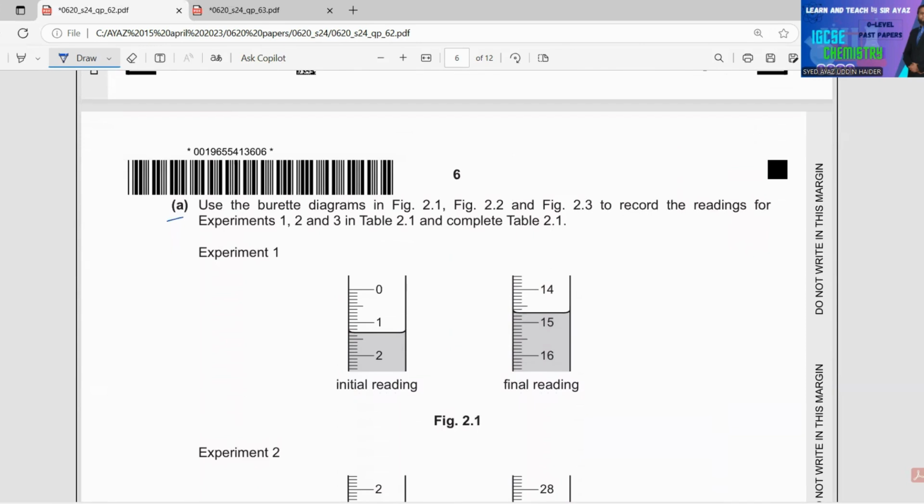For experiment 1, initial reading will be 1.3. What about the final reading? It's 14.7.